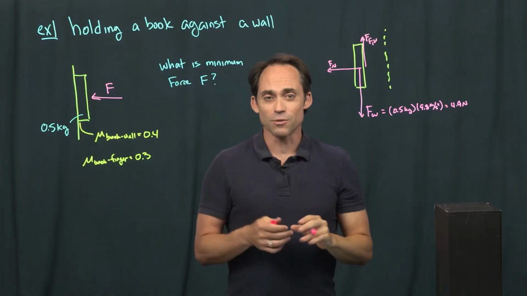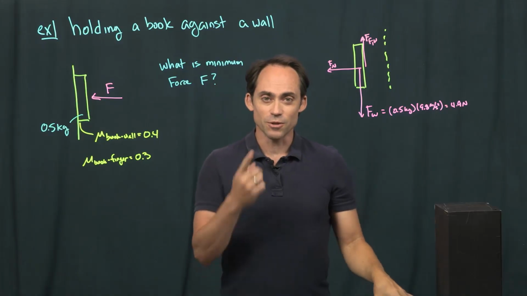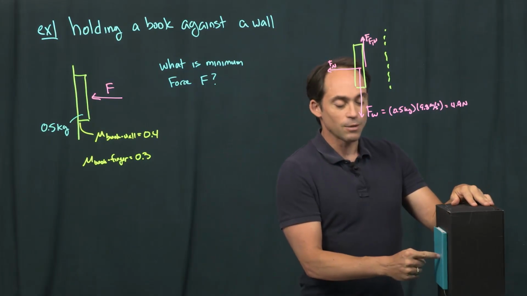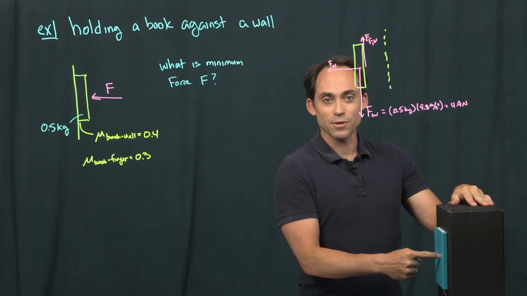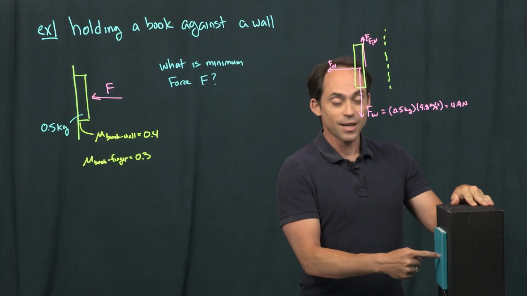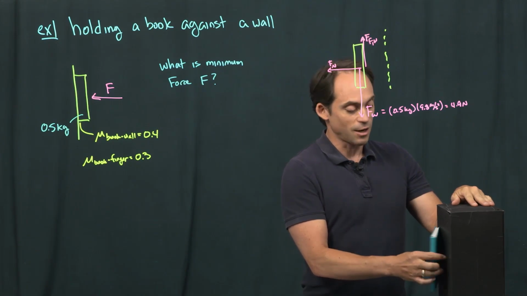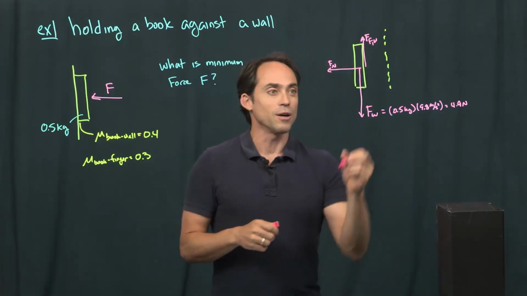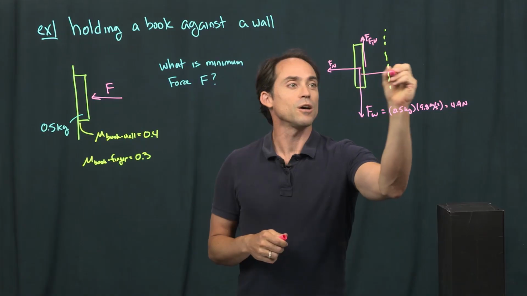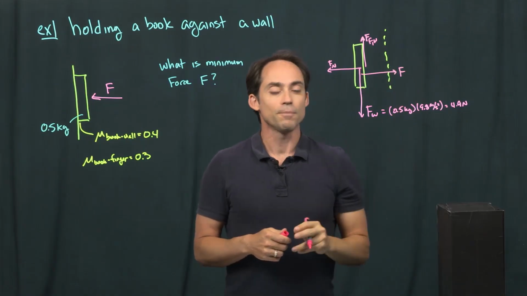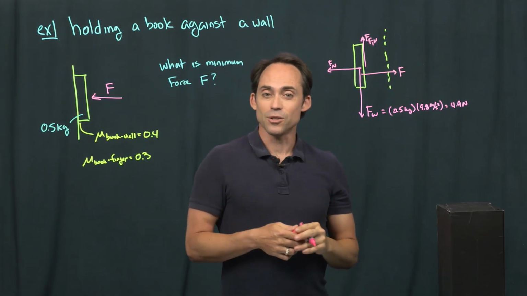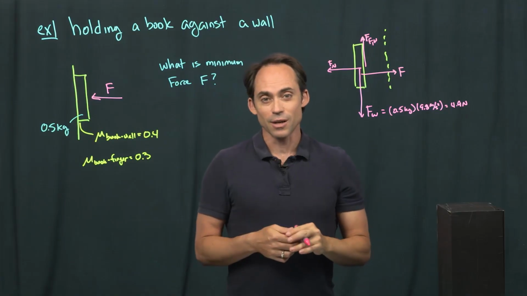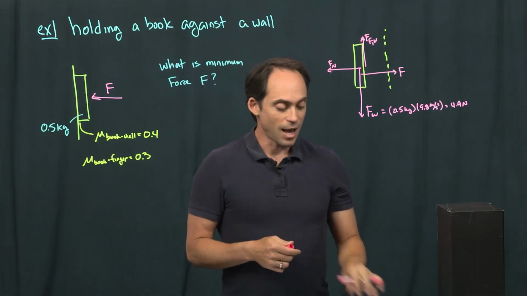Now that's not the only surface in play here. There's also the surface of my finger when I'm holding the book here. That is a surface that's in contact with the book, so we have to consider the forces that are acting at that surface as well at the contact point, which is both the normal force and the friction force in there. So our normal force is really the applied force that we're applying to the book to keep it here, so we're going to call that just capital F. And now we've got to take into consideration that there's also some friction acting between my finger and the book.